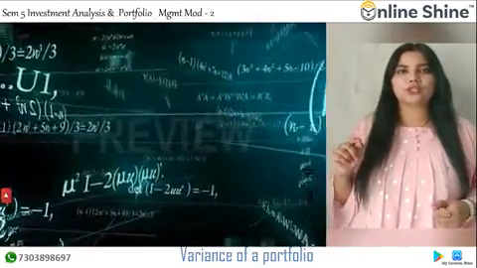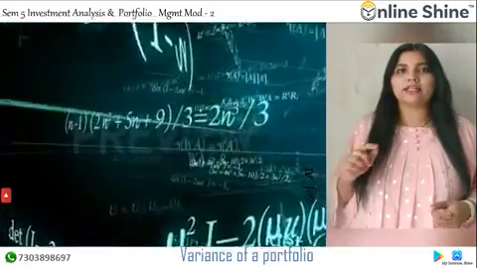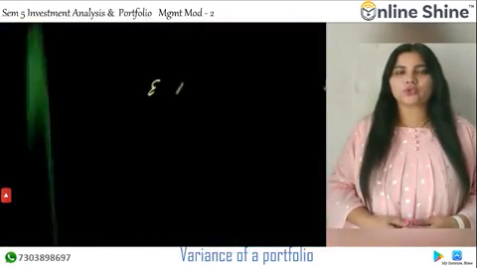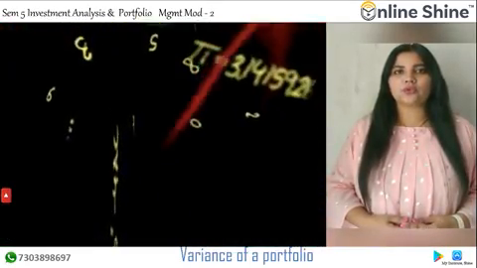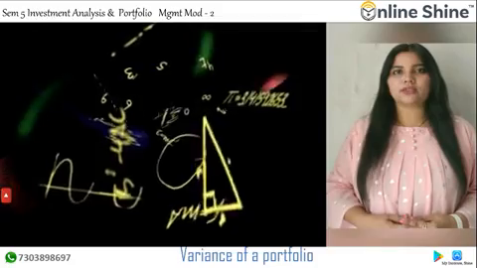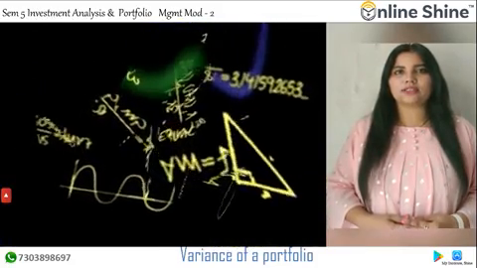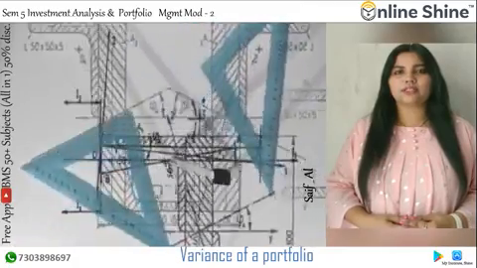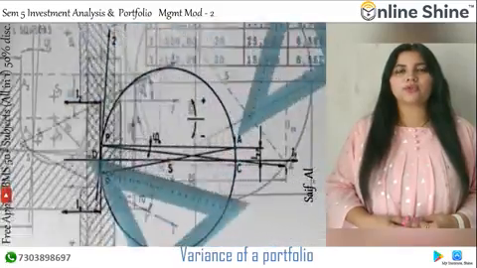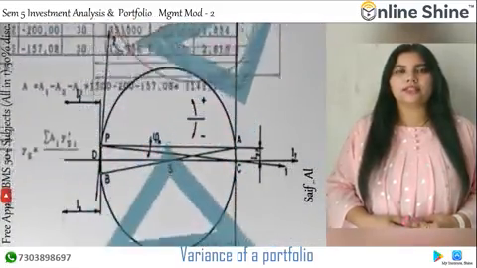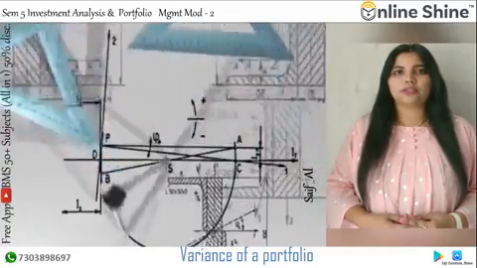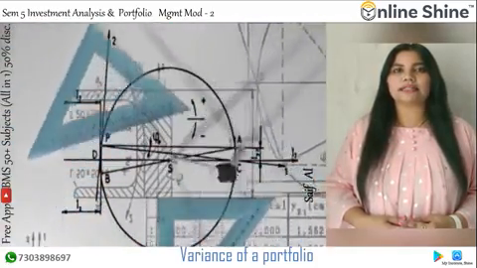Sigma square equals 20 square into 2.3 square plus 35 square into 3.5 square plus 45 square into 4 square plus 2 into 20% into 35% into 2.3% into 3.5% into 0.6 plus 2 into 35% into 45% into 3.5% into 4% into 0.5 plus 2 into 20% into 45% into 2.3% into 4% into 0.8.